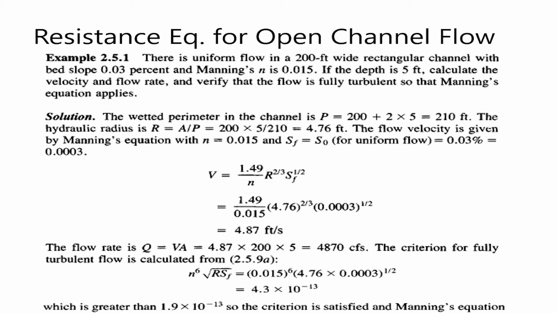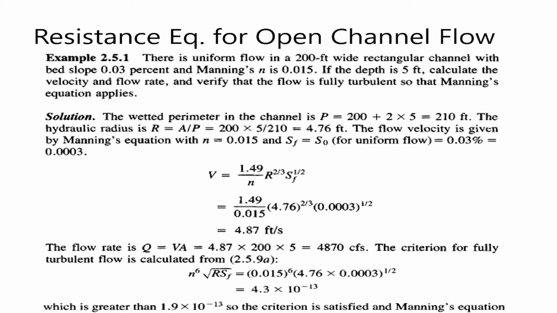Okay, so in this example, it is a rectangular channel, and the width of the channel is given as 200 feet, and the bed slope is given as 0.03%, and the Manning's roughness is given as 0.015, and the flow depth is given as 5 feet. Then we need to calculate the velocity and flow rate. Okay, velocity is not given, roughness coefficient is given, flow depth is given, the channel width is given, and channel slope is given.